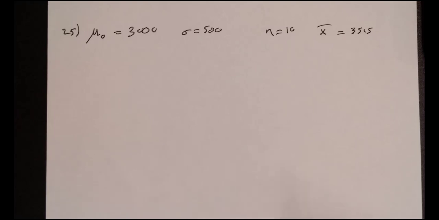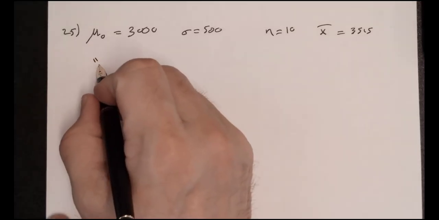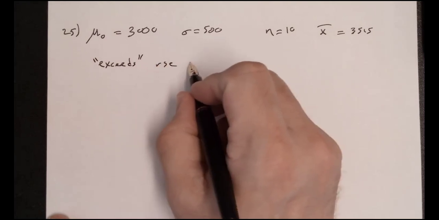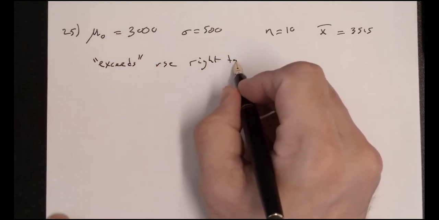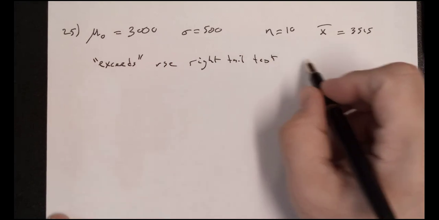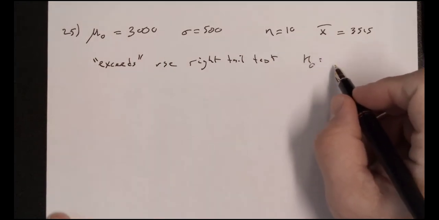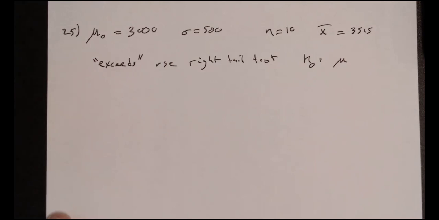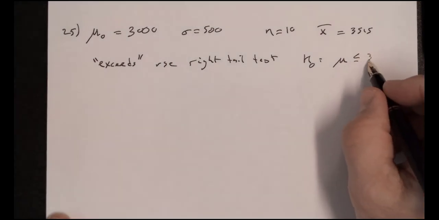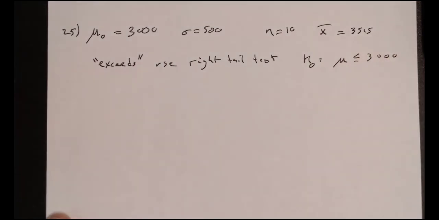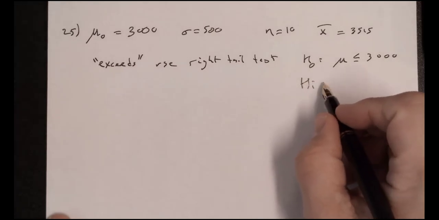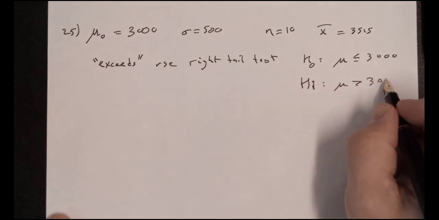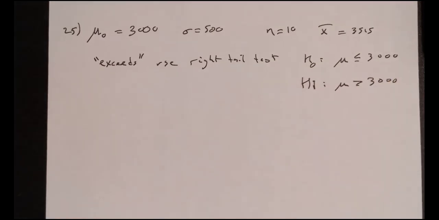So if I'm going to do a right tail, because of this word, then my null hypothesis is that the average is less than or equal to the benchmark. And my alternate hypothesis is that it is strictly bigger than. That's my right tail.